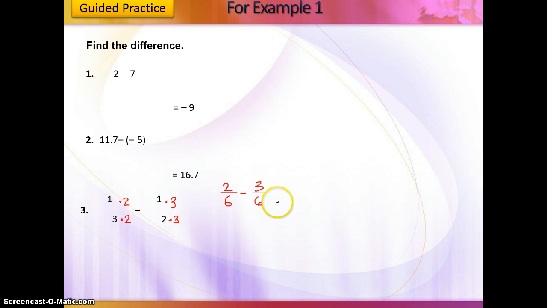Now that we have common denominators, we subtract the numerators. So 2 minus 3 is negative 1. So the answer is negative 1/6. Let's evaluate a variable expression.